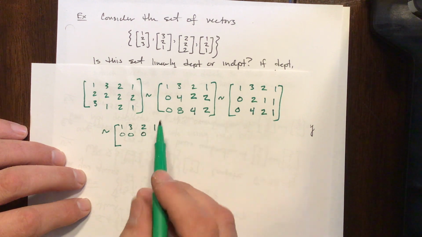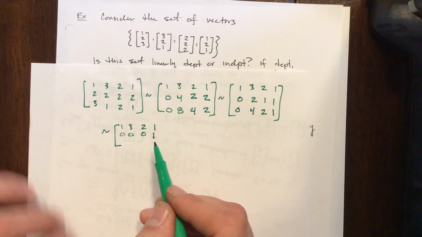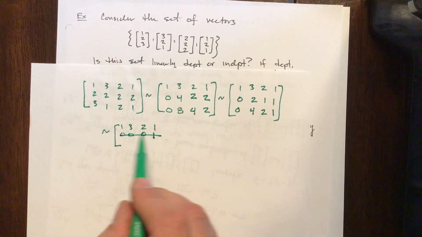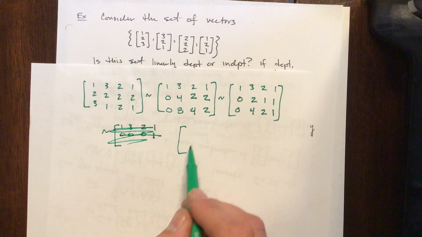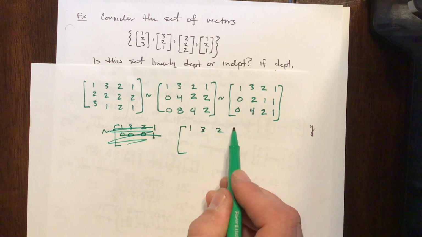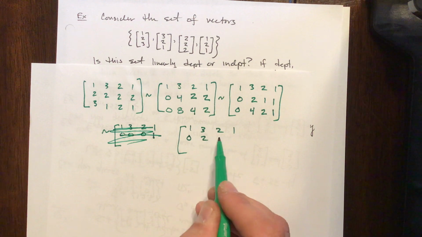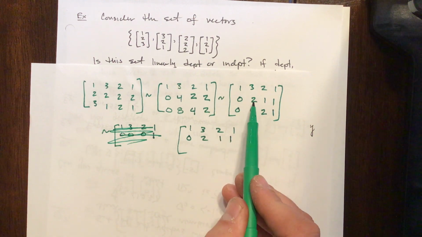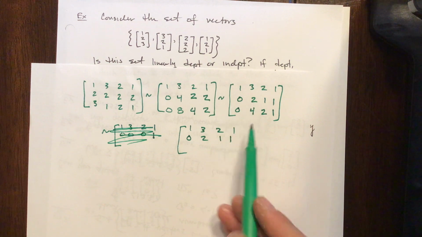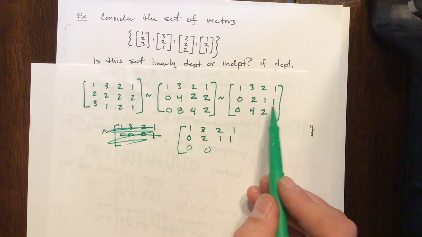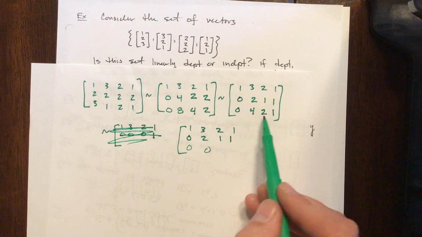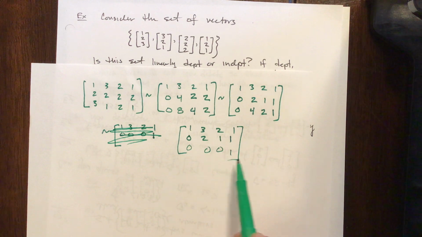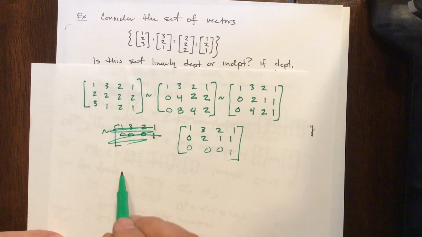And 2 minus 1 is 1. Sorry, I didn't want to do that. We're going to leave this 0, 2, 1, 1. All right, we're going to do this one. 2 times 2 is 4. 4 minus 4 is 0. 2 minus 2 is 0. 2 minus 1 is 1. There we go. All right, one more step.